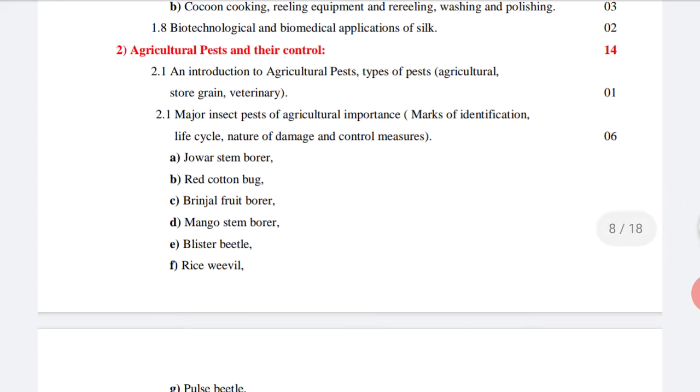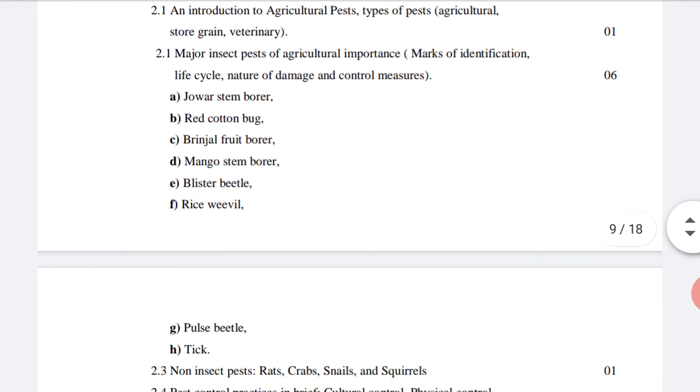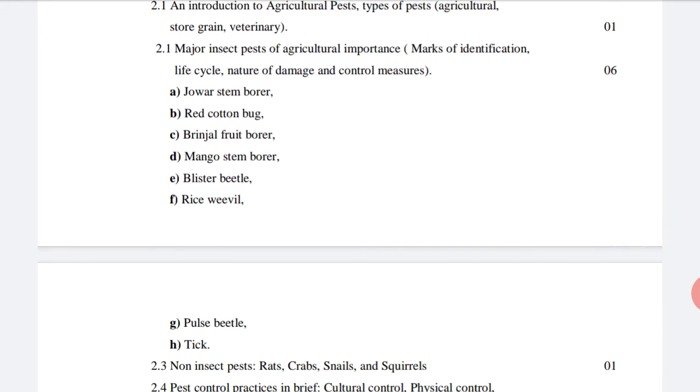Second chapter is agricultural pests and their control. In this chapter we study first topic: introduction to agricultural pests, types of pests, agricultural, store grain and veterinary pests, major insects of agricultural importance, marks of identification, life cycle, nature and damage and control measures of the following insects we study in detail.